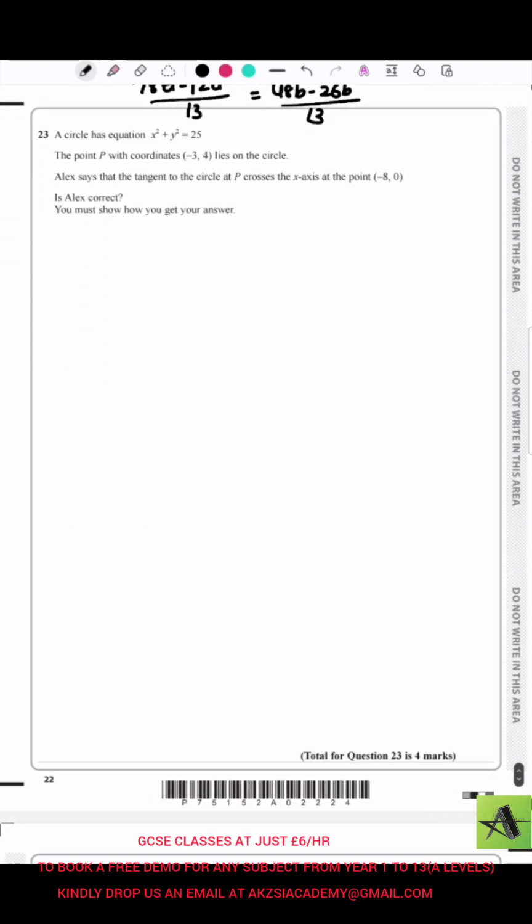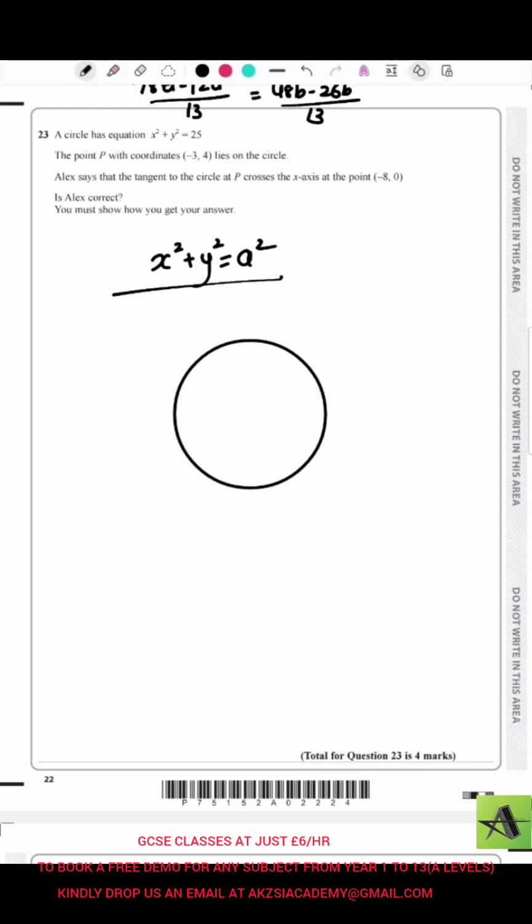A circle has equation x squared plus y squared equals 25. So this is the equation of a circle whose center is 0, 0 and whose radius is 5, because the standard equation is x squared plus y squared equals a squared. So on comparing, I'll get a, that is the radius, as 5.